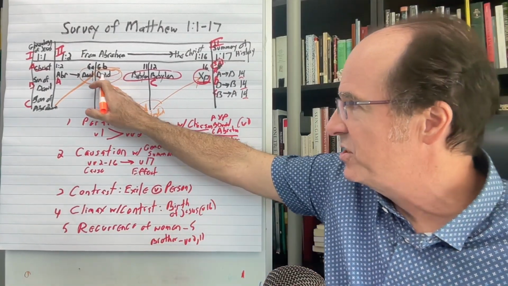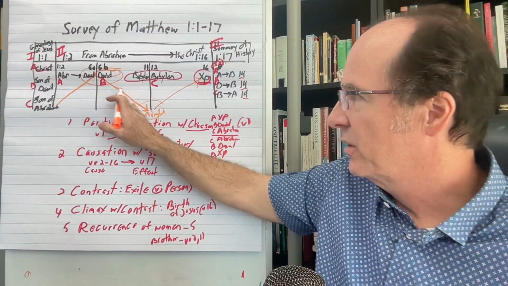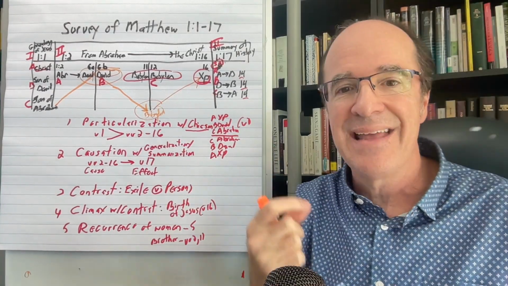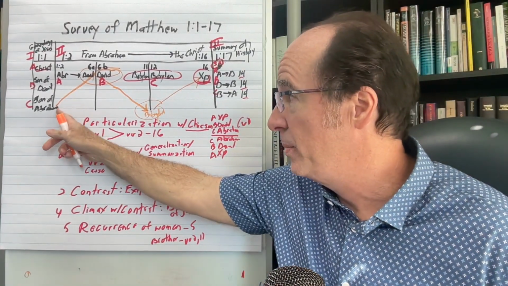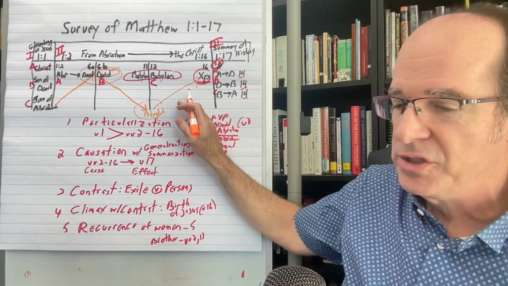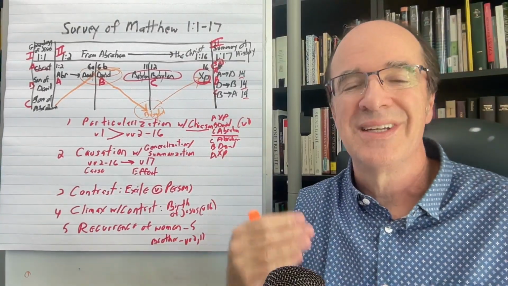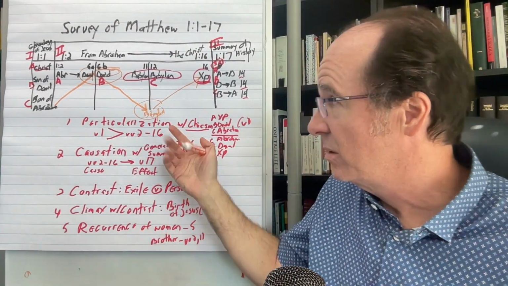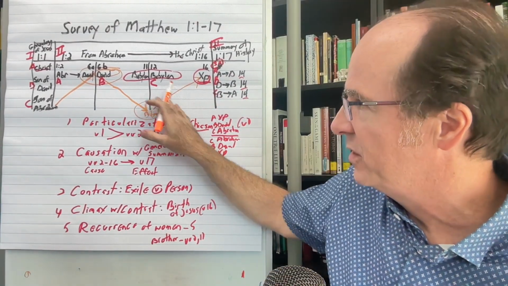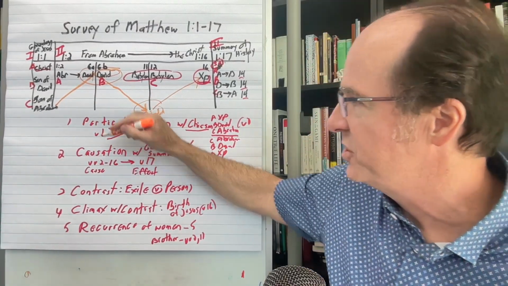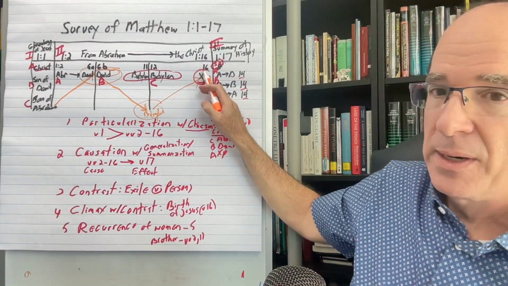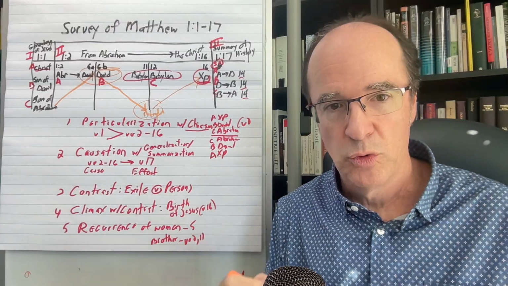Well, what's interesting is this ends up casting the kings, because these are all kings in this place, in a slightly negative light compared to the people before the kings. And also, when you read this section of the genealogy, these folks are certainly less well known. We're not going to call them anonymous, the names show up here, but they are definitely less well known than the kings. So there's some contrast that takes place here. We get a negative climax off of this cruciality, and we get a positive climax off of this cruciality.